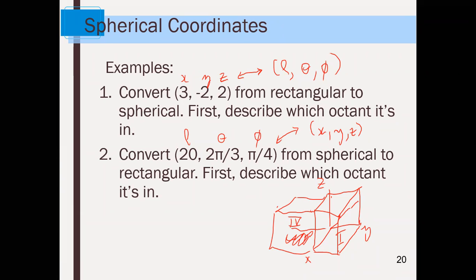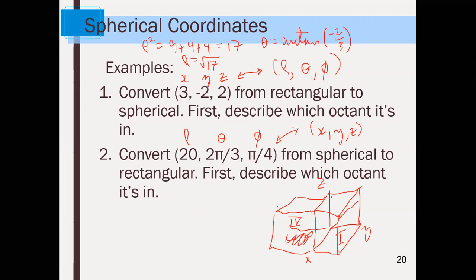So what about the conversion to spherical coordinates? How would I get rho? Rho squared is 9 plus 4 plus 4, is it not? So rho squared is 17, which means that rho is the square root of 17. What about theta? How do I get theta? Theta is going to be arctangent of y over x, so arctangent of negative 2/3.